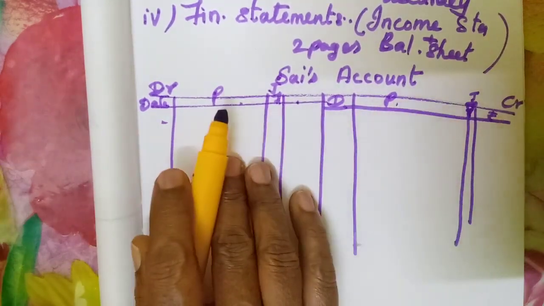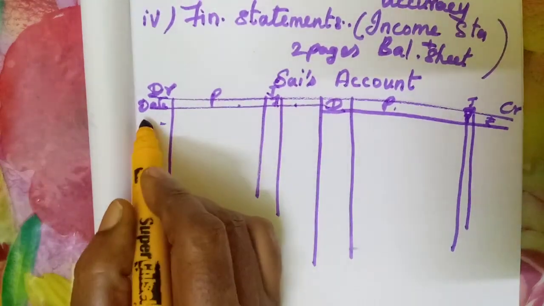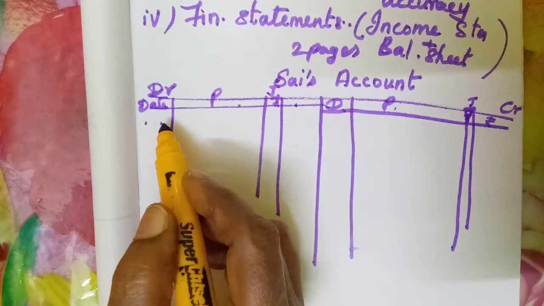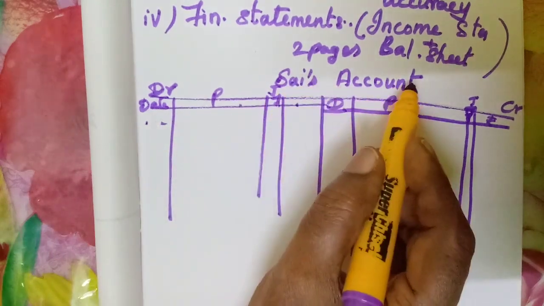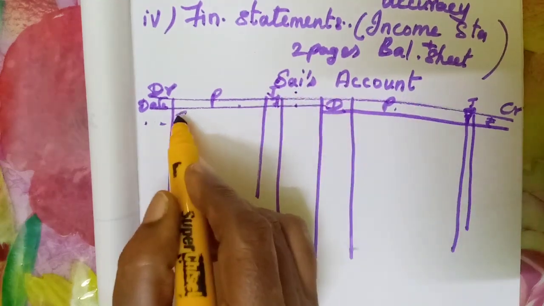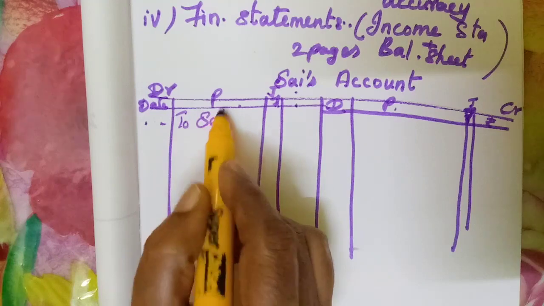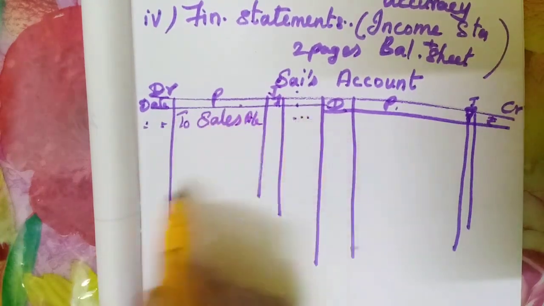Here credit side, this one debit side. First we will enter the date of the transaction. Then if Sai's account is debited, Sai's account debtor to sales. So here we will write the date and 'to sales account', and the amount.